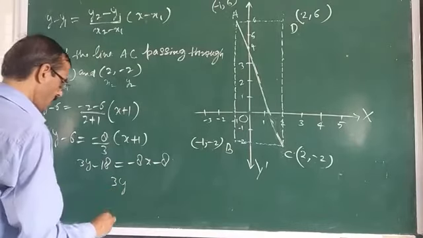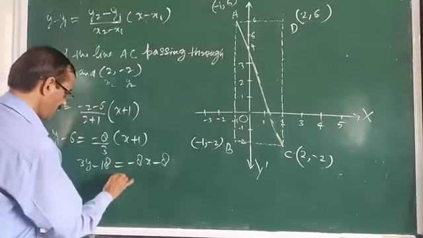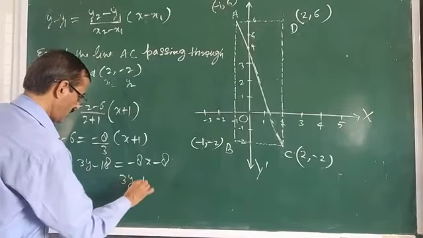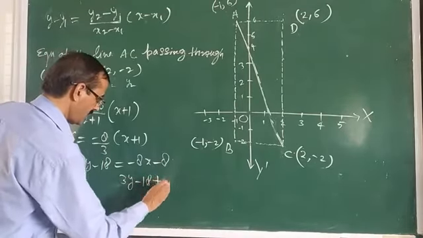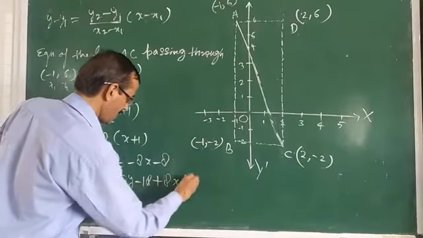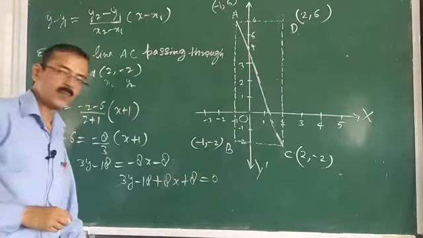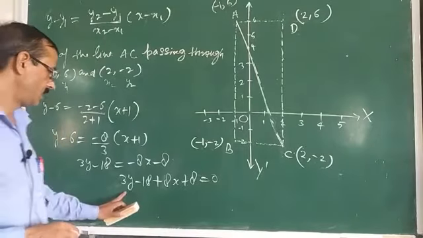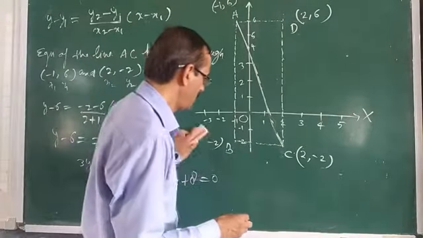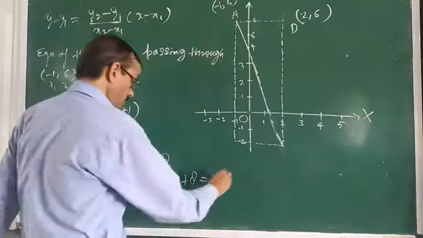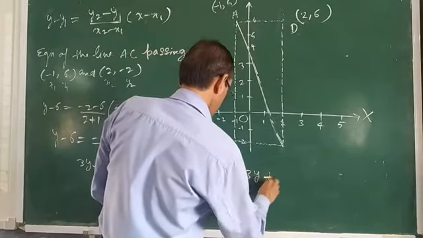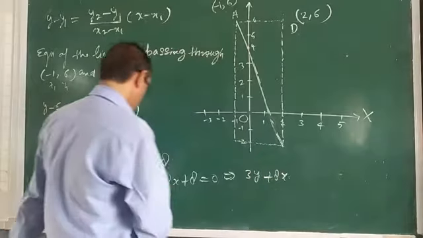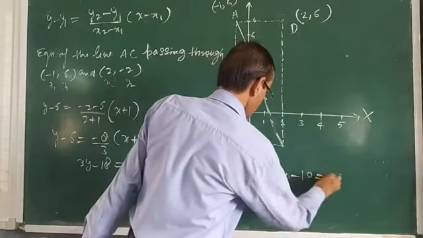Or we can say 3y minus 18, transposing this, plus 8x plus 8 is equal to 0. ठीक है, so that will be 3y plus 8x minus 10 is equal to 0.